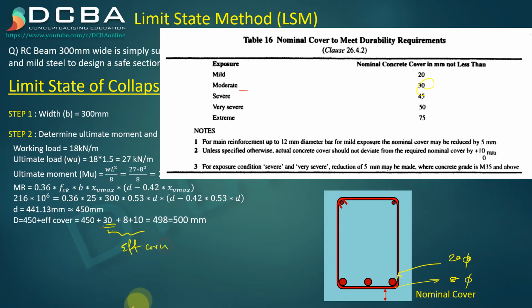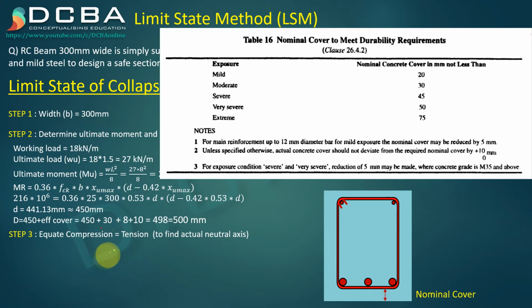So 30 plus 8 plus 10 is your effective cover, and that makes your total depth 498, which you can again round up to 500 mm. This is how you find the total depth using IS 456 clauses, and you should always go according to whatever is mentioned in IS 456. You should not take any value randomly. You should always have the habit of explaining from where you have taken what value.